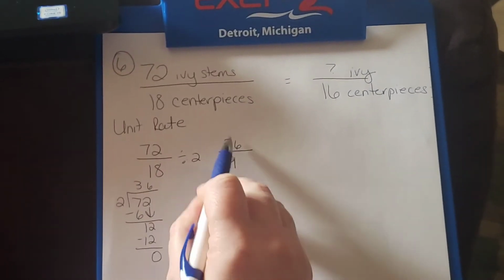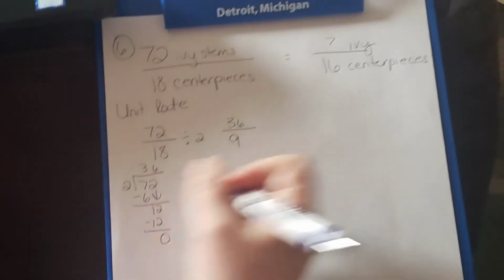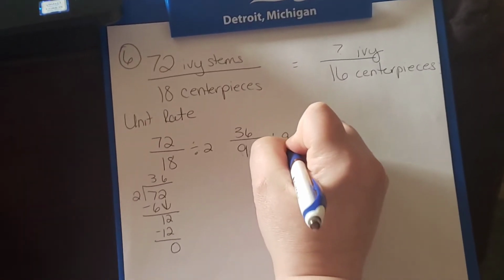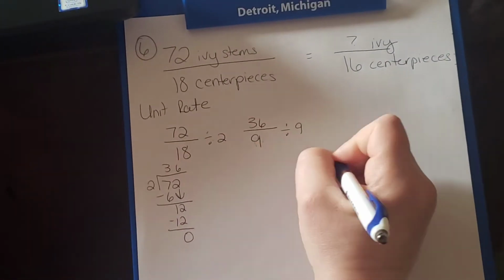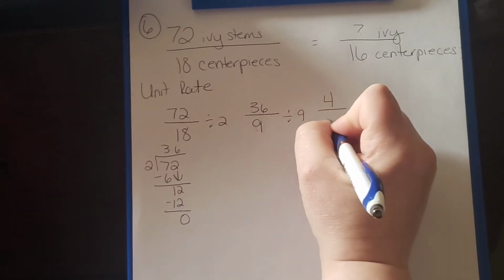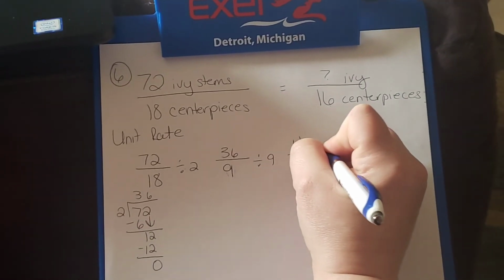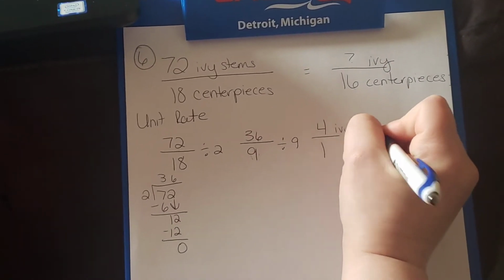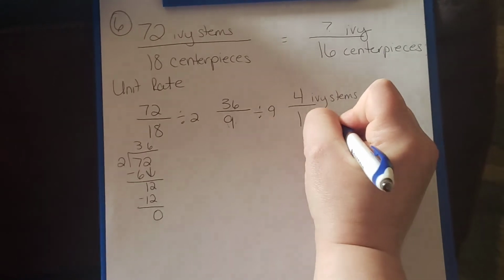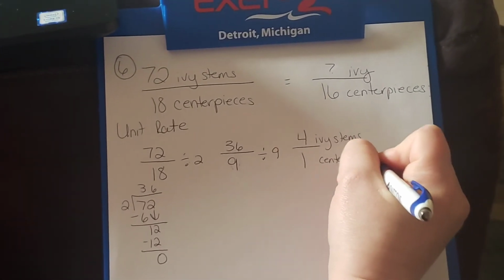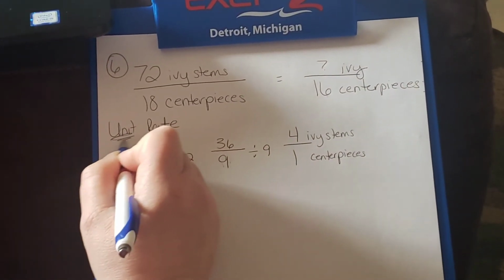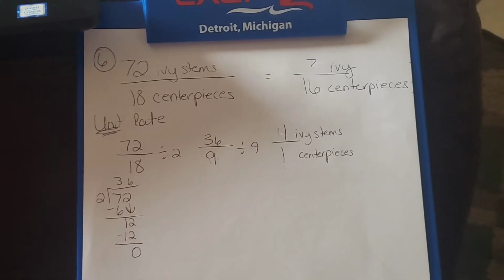I know these can both be divided by 9, and I end up with 4 ivy stems to 1 centerpiece. This is a unit rate because I can get it down to 1.